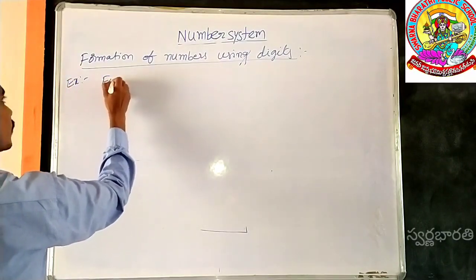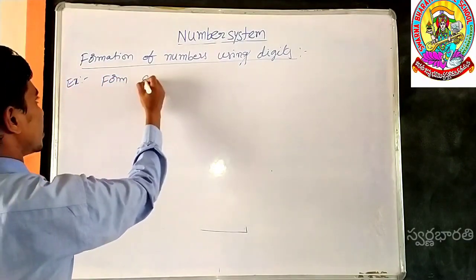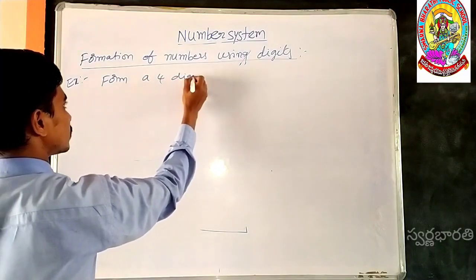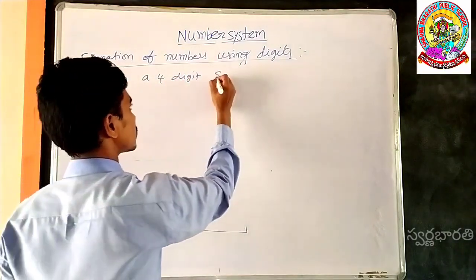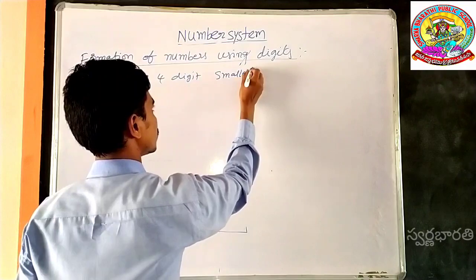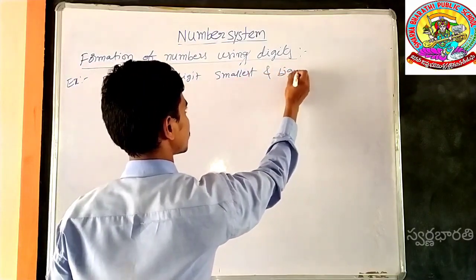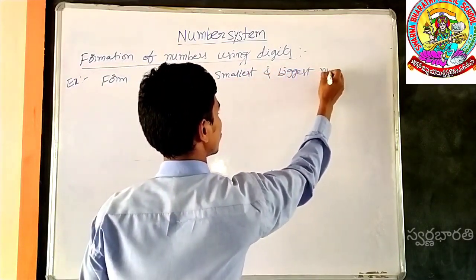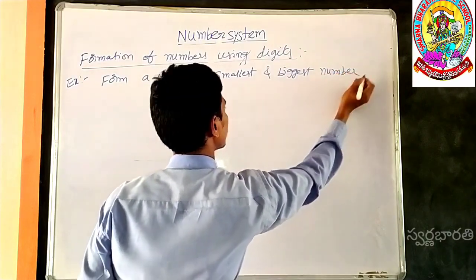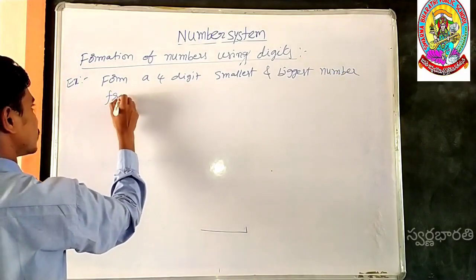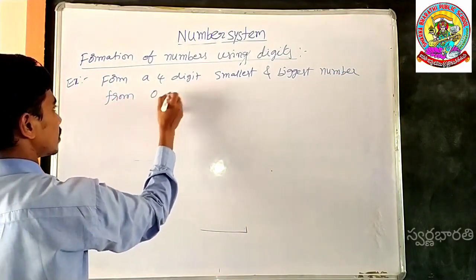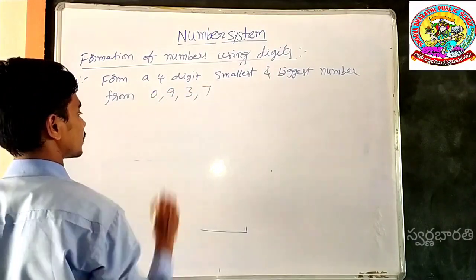Example: form a 4-digit smallest and biggest number from 0, 9, 3, 7.